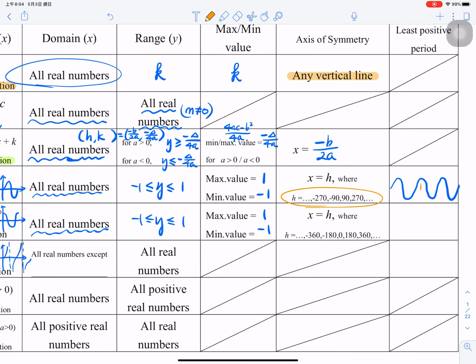How about the period? Do you remember? Start from here to here, 360, right? So we say that the least positive period is 360.